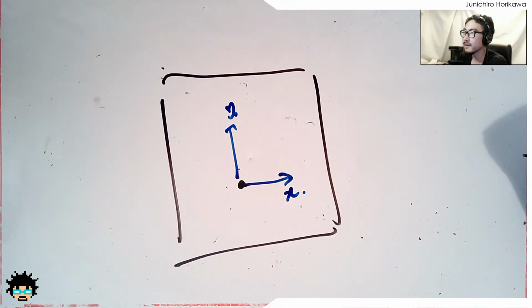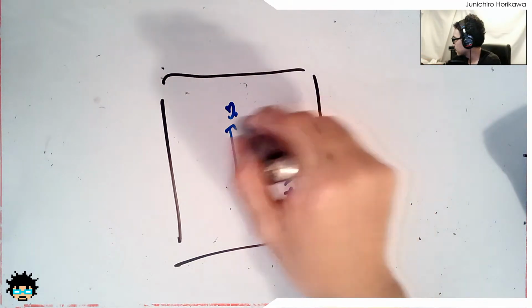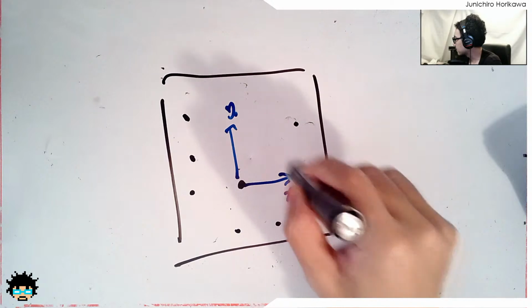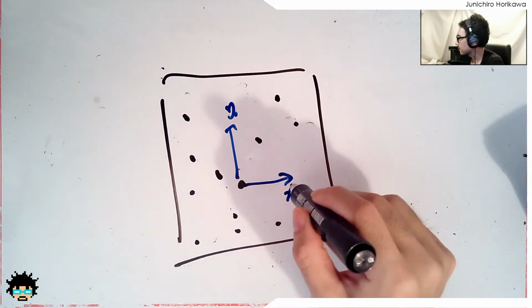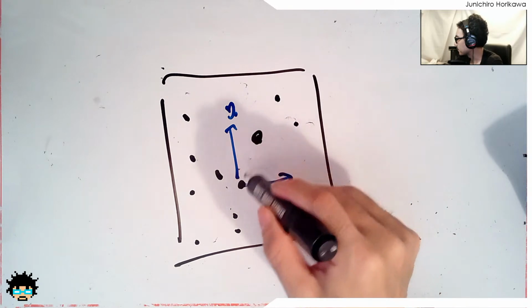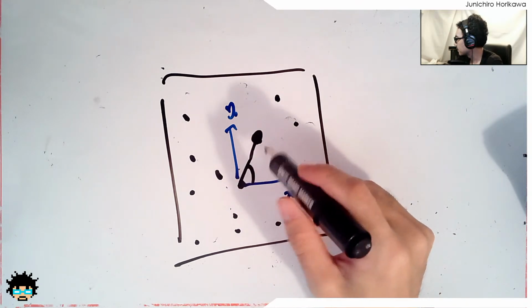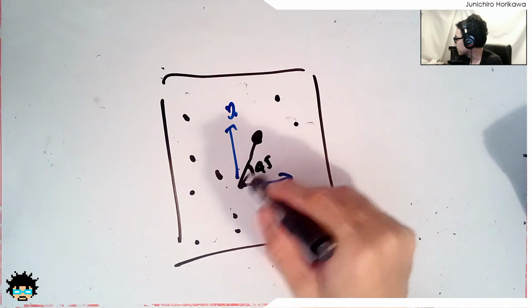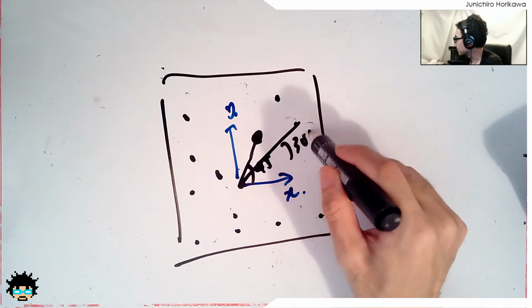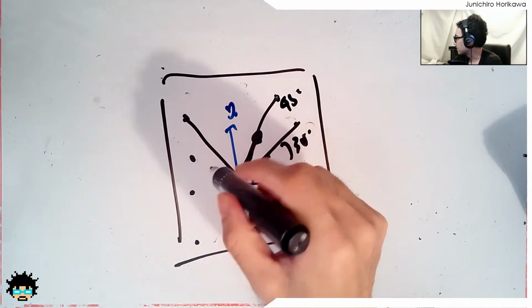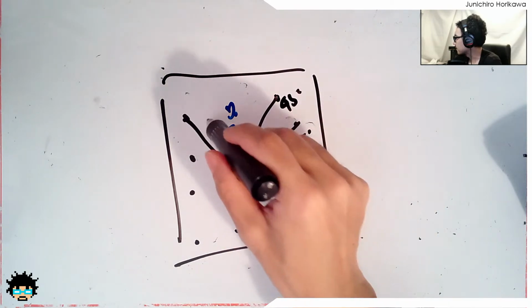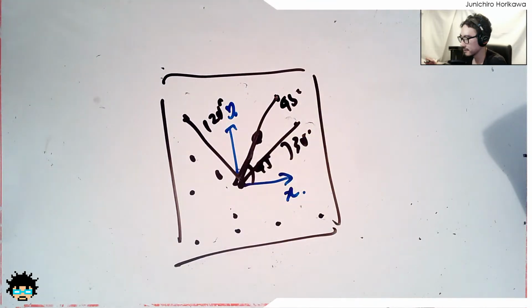Based on the X-axis, for each point on a plane like this, you want to calculate the angle. So for this point, this will be like 45 degrees. For this point, 30 degrees, and this point close to 45 as well. This point, something like 120 degrees, and so on.